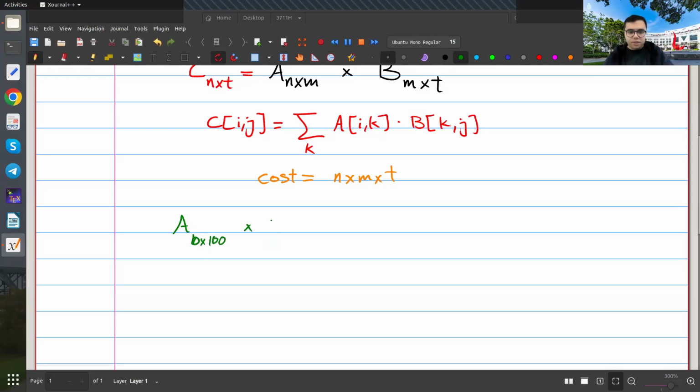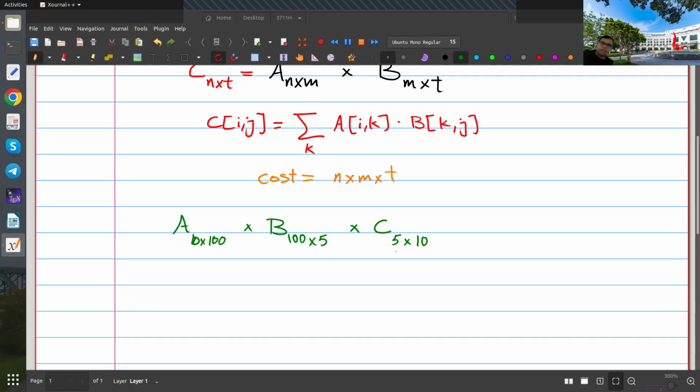And then I want to multiply this by another matrix B, and this is 100 by 5. And then I want to multiply this by another matrix C, and this is, let's say, 5 by 10. Okay. So the result would be a 10 by 10 matrix.